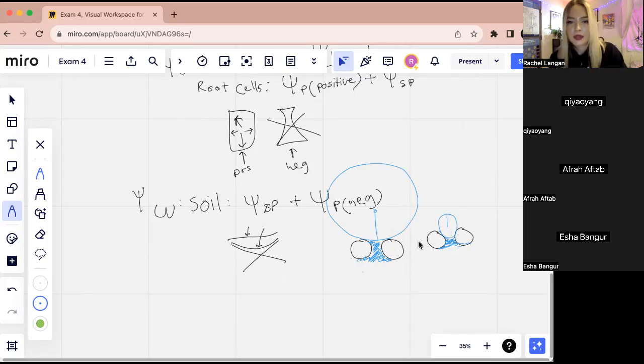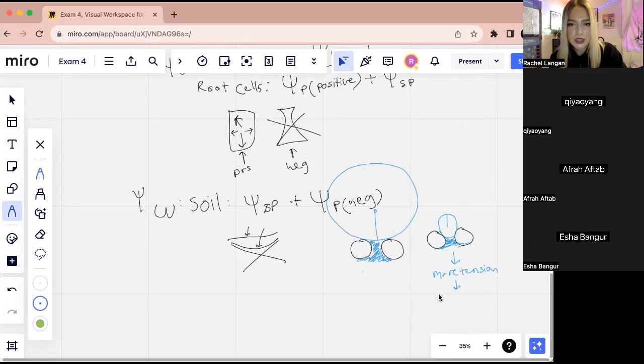What does that mean? It means small radius equals more tension. And again, it's that same relationship you should have drilled into your head by now.